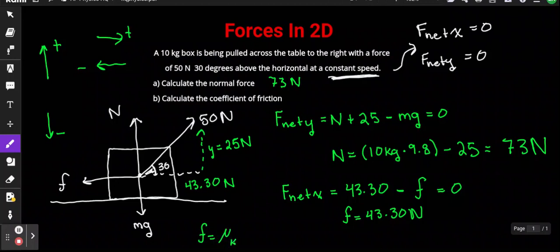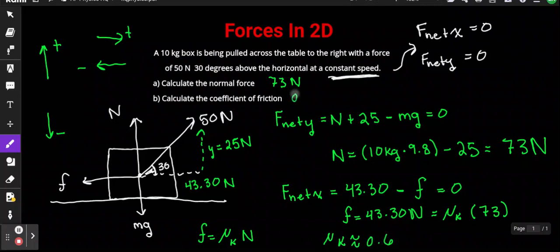Okay, now that we have our friction, we know that friction is equal to the coefficient of kinetic friction, since our box is moving, times our normal force. Since we have our friction and we have our normal force, this is going to be our equation: mu k times our normal force of 73. Rearranging for our coefficient by dividing, we get 43.3 divided by 73, which is equal to about 0.6.